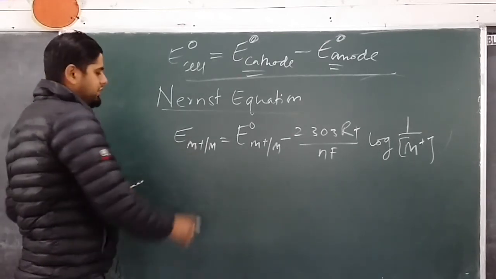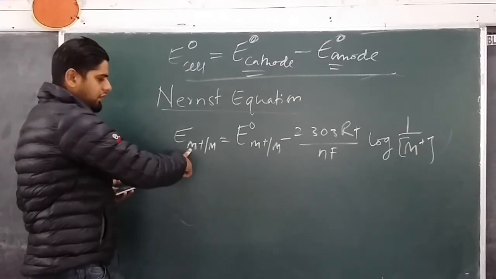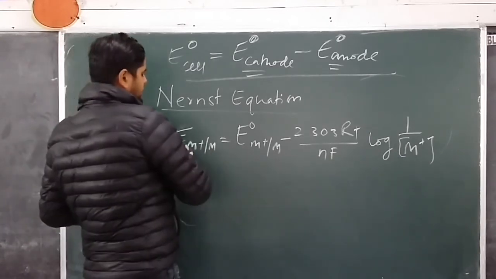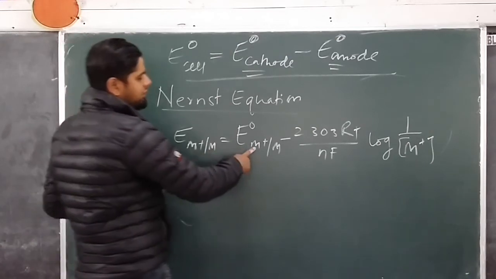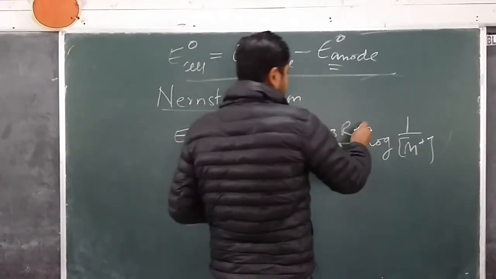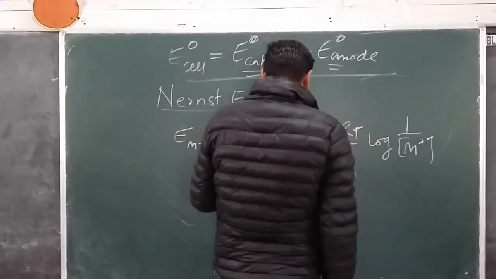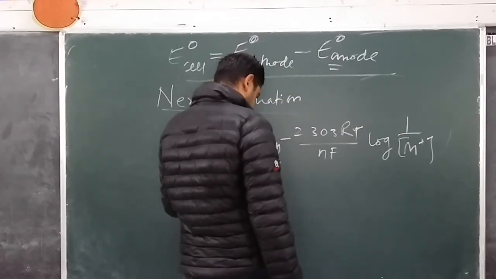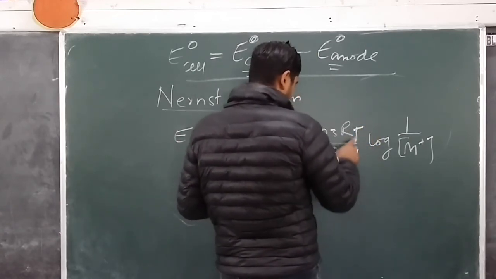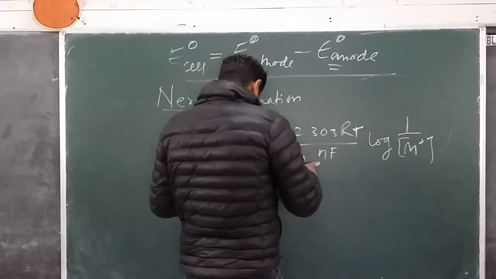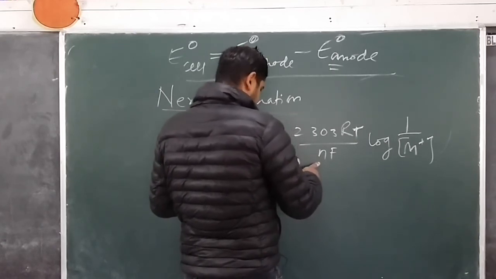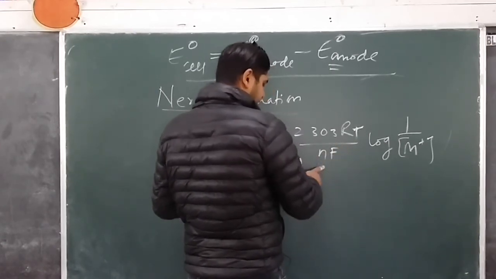If copper is there, this is the copper 2 plus ion. This is the electrolyte, and this is the electrode. R is the universal gas constant. T is the temperature, the standard temperature. n is the number of electrons, and F is the Faraday constant.